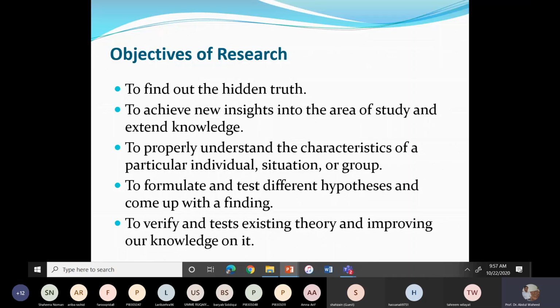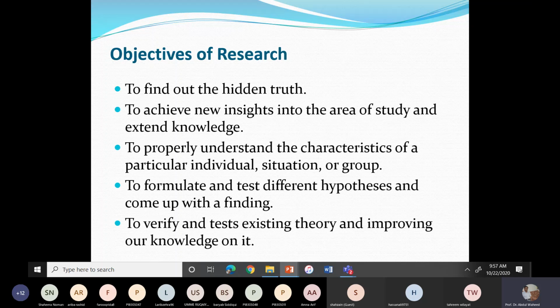So on the basis of the test of hypothesis, we can reject or accept it, or we can claim that this is the average height of the students of a particular city, or this is the average marks of the students of a particular college. And then we try to get the answer for that claim, whether it can be accepted or rejected.